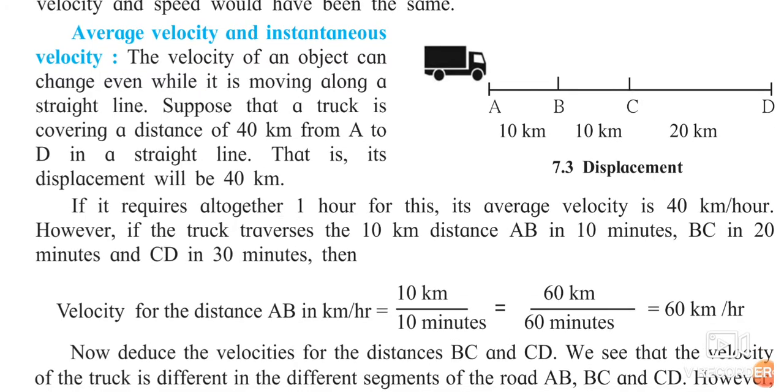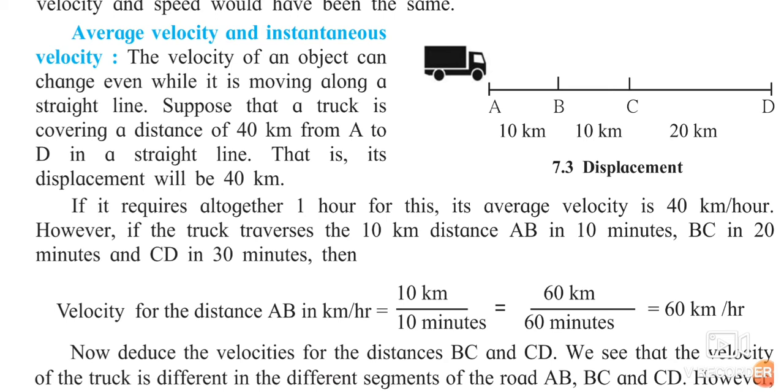So over here they have given you an example of a truck. Suppose the truck is covering a distance of 40 kilometers from A to D. That is, displacement is taken to be 40 kilometers from A to D. If it requires 1 hour for doing this, the average velocity is 40 kilometers per hour.